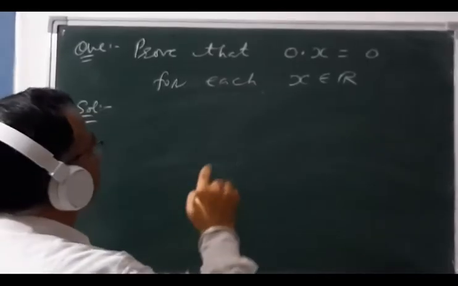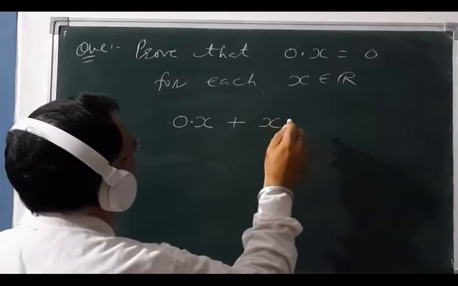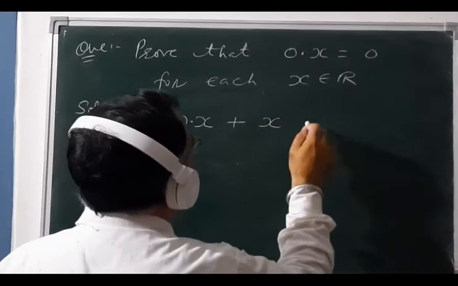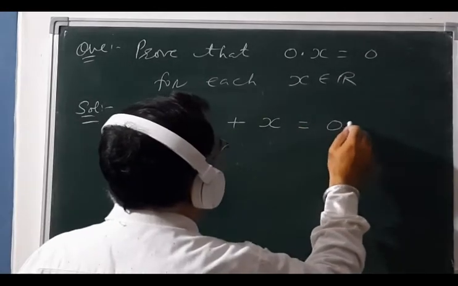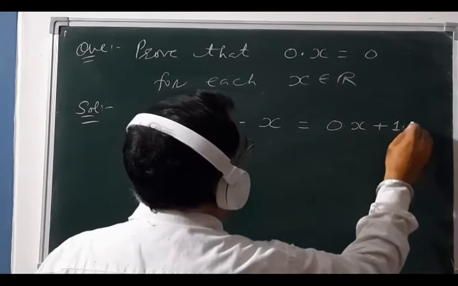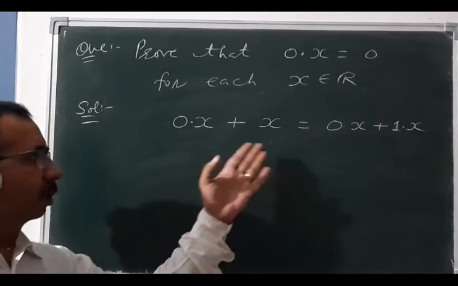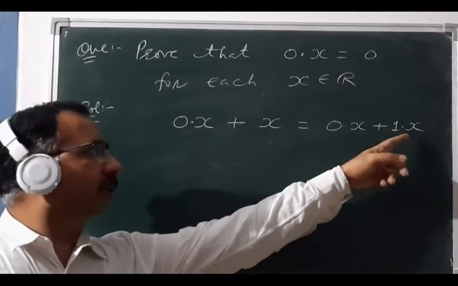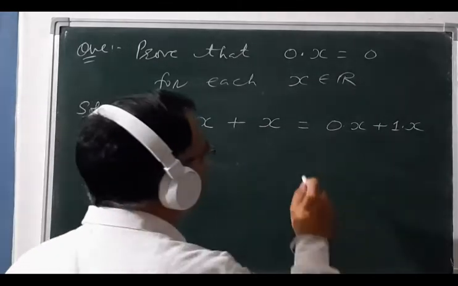First write 0x plus x is equal to 0x plus 1 times x. So 1 is the identity element. Here I have assumed that 1 times x is x because 1 is the multiplicative identity.